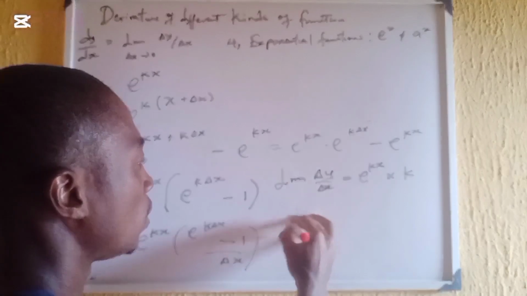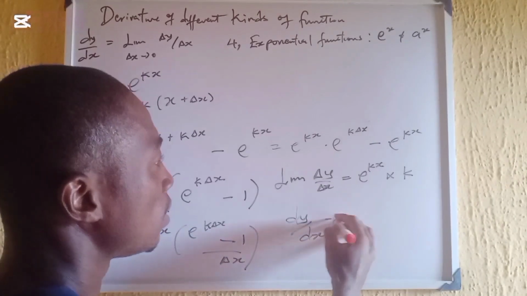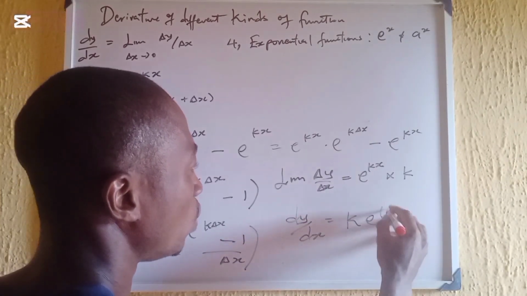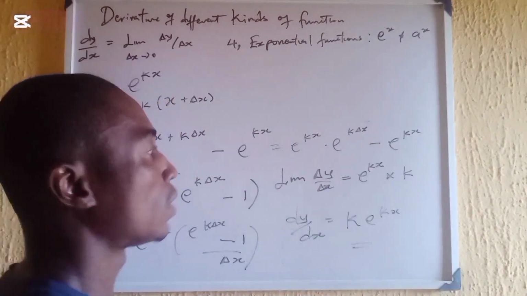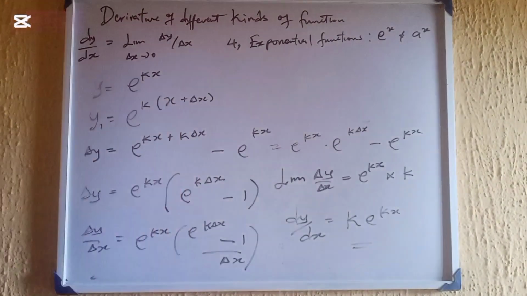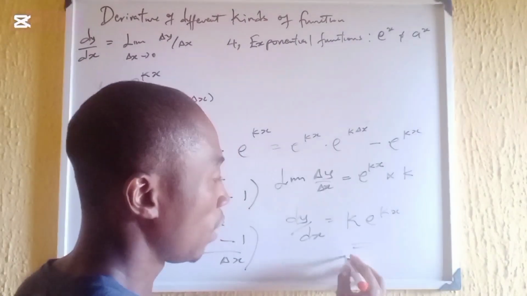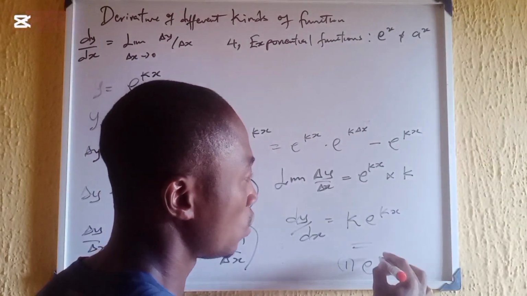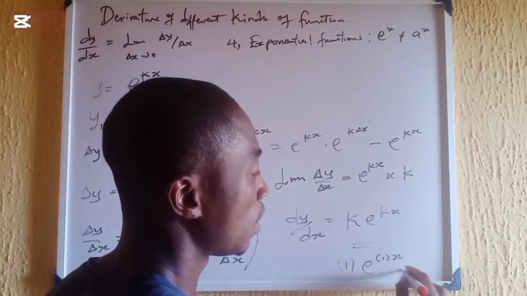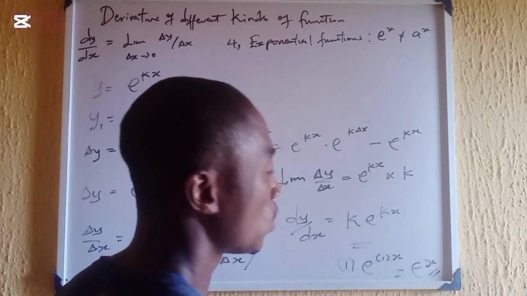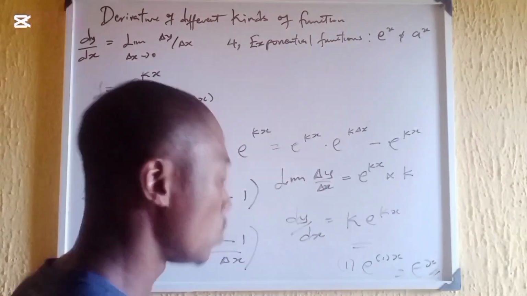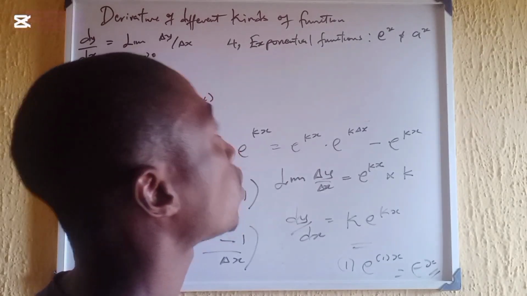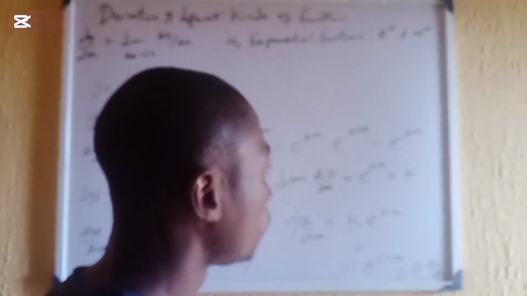So what does it mean? dy dx is equal to k e to the power what? kx. Now take for instance k is 1. Just as we had initially. What do we have? We have 1 into e to the power 1x, and that's e to the power what? x. So you can see that from here, we can even get the derivative for e to the power x. So let's watch the next one.